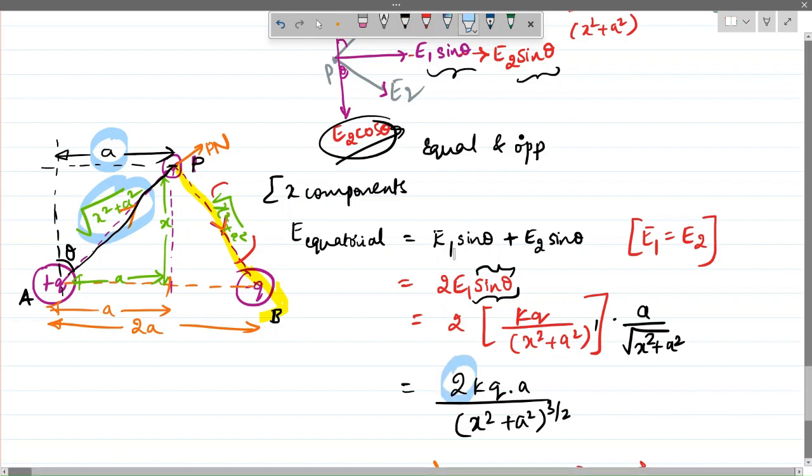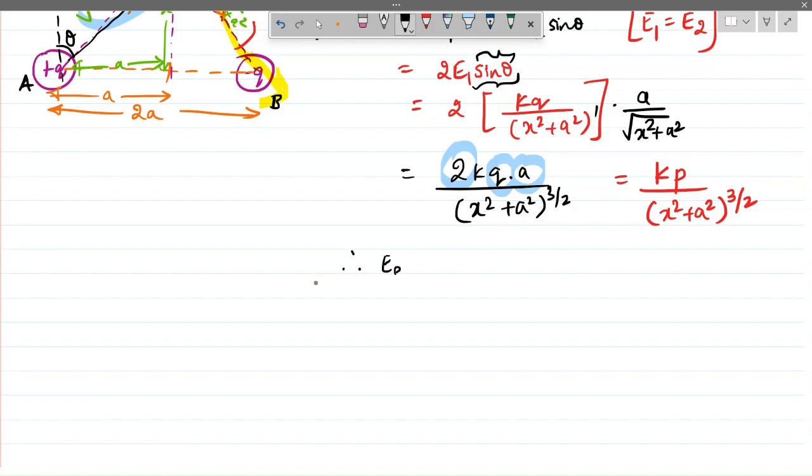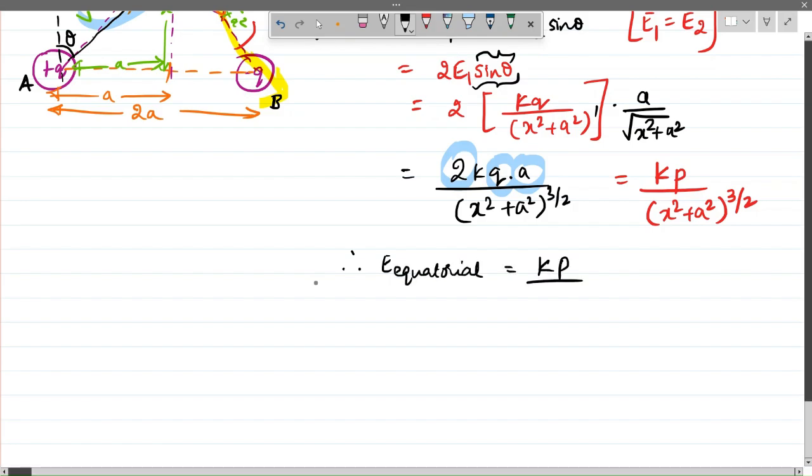You know that 2a is the distance between two charges and q is the magnitude of charge. So 2qa, can I write it as dipole moment? So this becomes k into dipole moment divided by x square plus a square to the power 3 by 2. E equatorial is equal to kp divided by x square plus a square to the power 3 by 2.